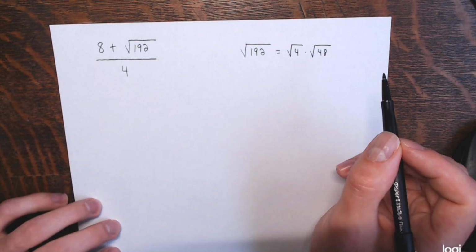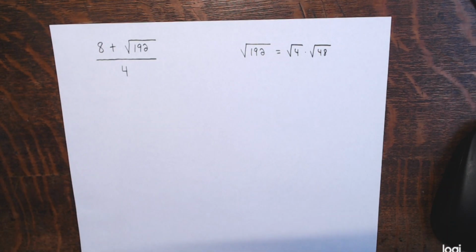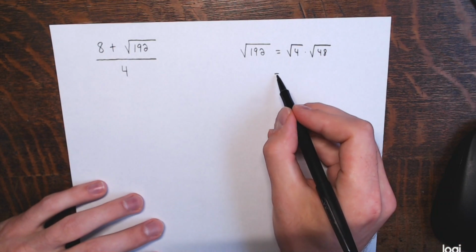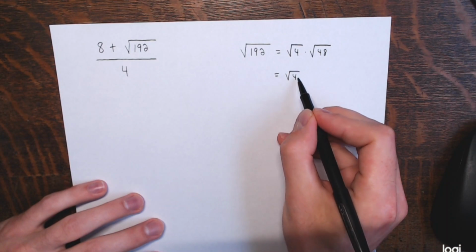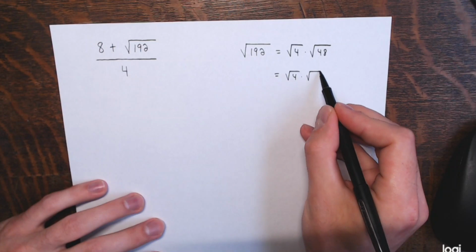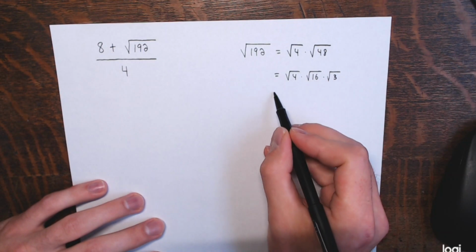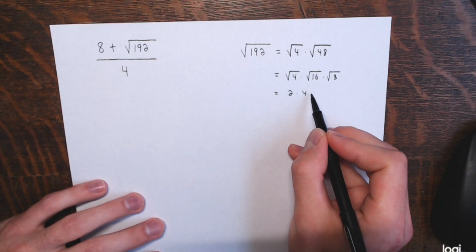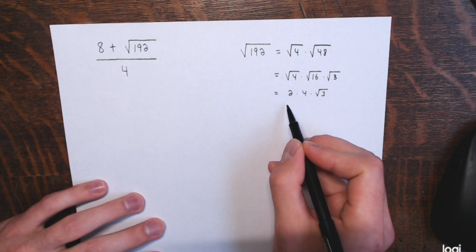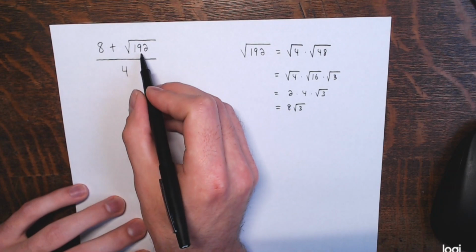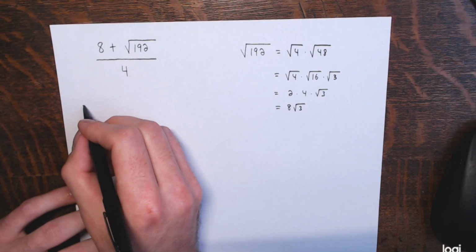But 48 is also divisible by 16, 16 times 3. So the square root of 48 I can write as the square root of 16 times the square root of 3. So we have 2 times 4 times the square root of 3, so 8 times the square root of 3. And that's going to replace the square root of 192 in this expression.